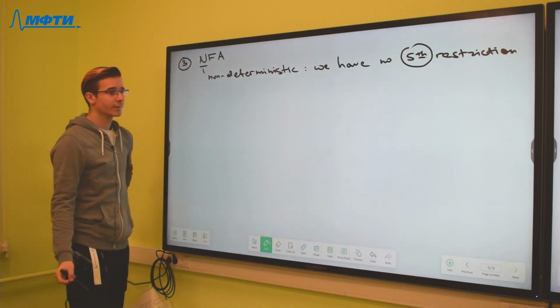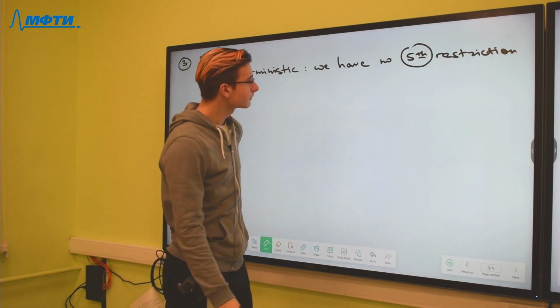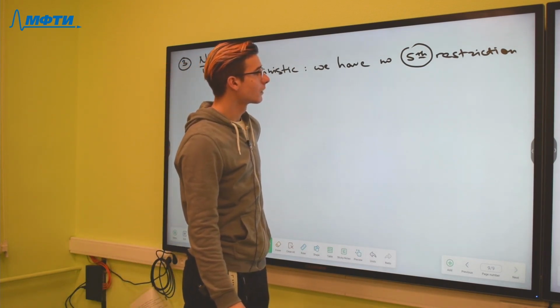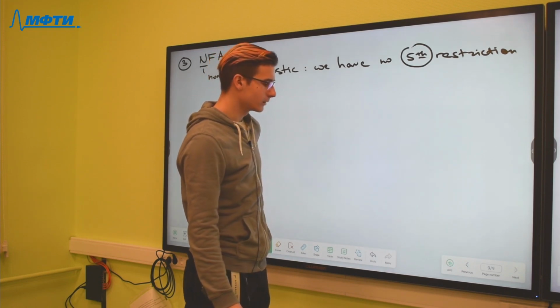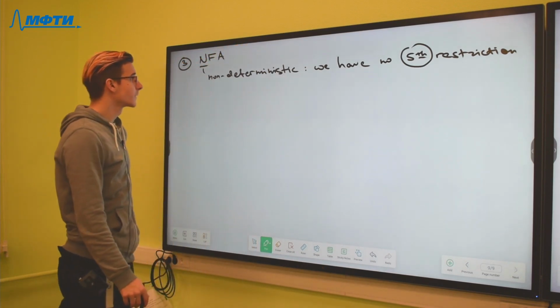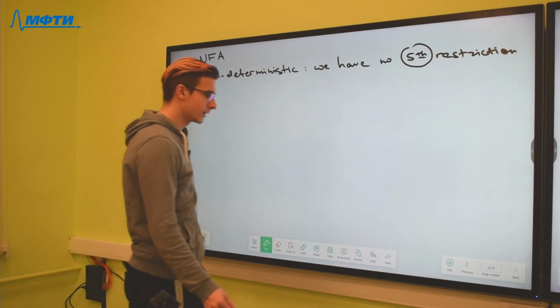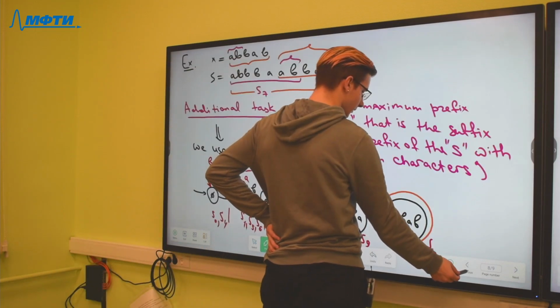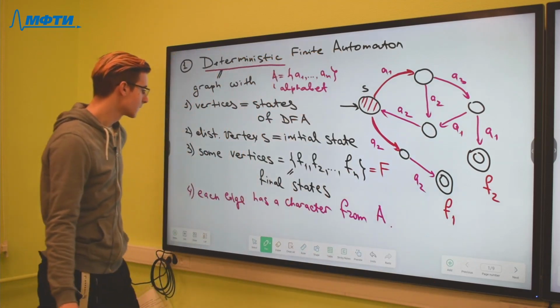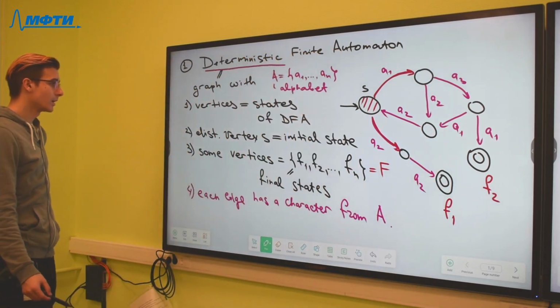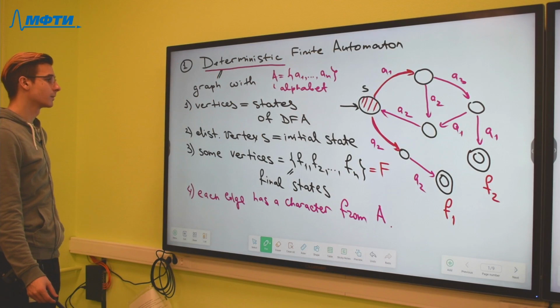And the other properties that I write here on this slide are the same for NFA.